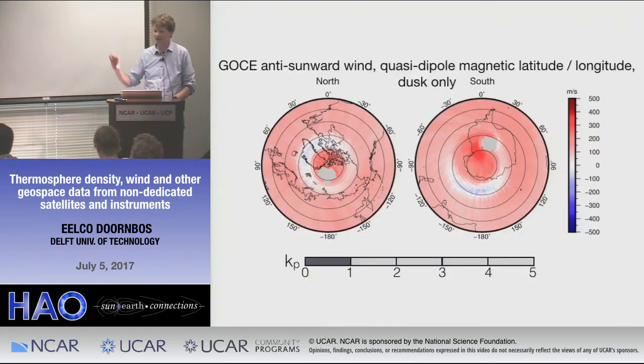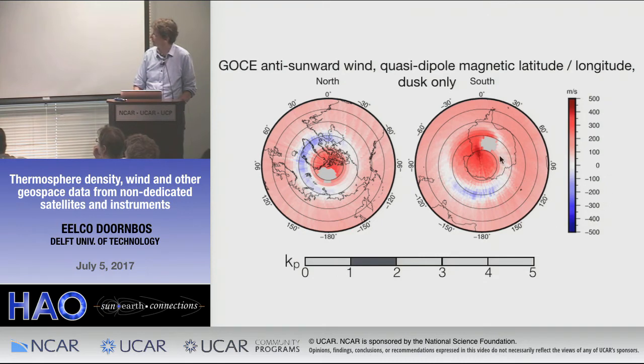You have to take into account what I said earlier about the sampling, but you can also bin all of the data geographically, and then you can also bin it by geomagnetic activity level. Here you can see, for example, that you have peak winds in the polar cap, both north and south, and then you have these return flows. But the return flows do not occur in the same magnitude in all longitudes.